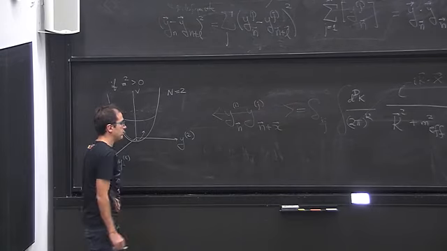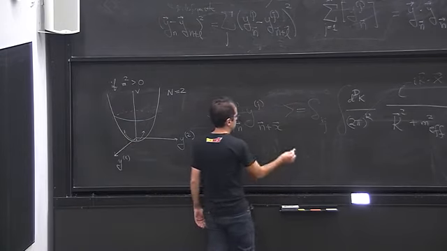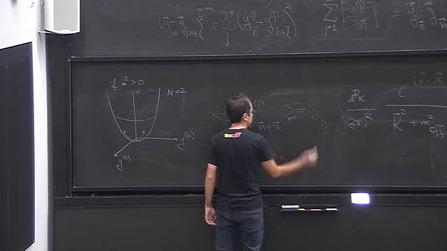Okay. And that would be the propagator. So this is as mu is equal to 0.